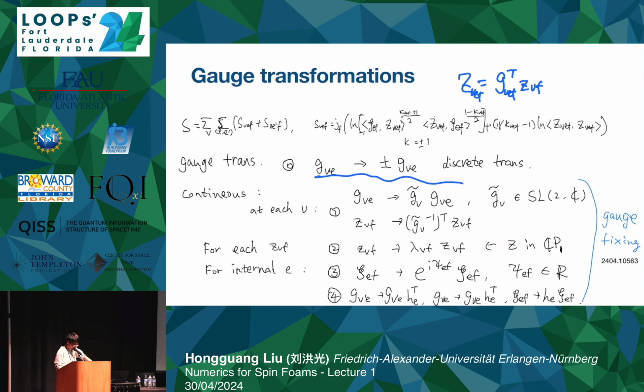And there are 4 continuous gauge transformations. At each vertex, we can multiply an extra group element. For each CF, we have the free scaling, which corresponds to the CP1 we discussed before. And for each internal edge, this is only for the internal one, we have the gauge transformation where we can multiply a phase to our spinors.